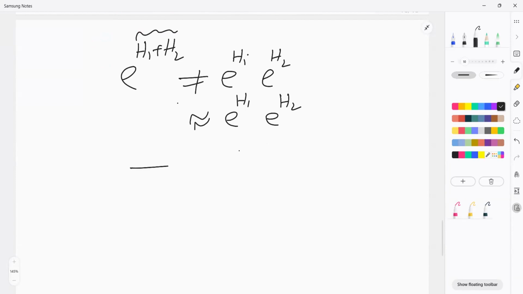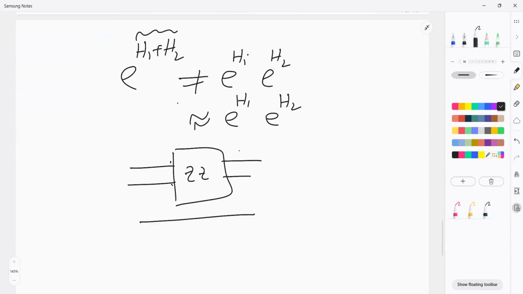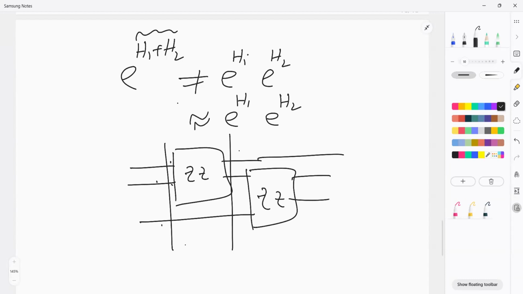For example, I have a ZZ feature map between two qubits, and maybe a ZZ feature map between qubits 2 and 3 and so on. This is implementing one layer of this Trotter term, and then the second layer is implementing the second term of the Trotter expansion and so on.